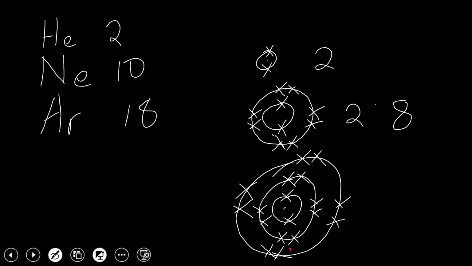Now that these electrons are exchanged, or transferred, what happens to the properties of the ions? Do they become similar to the ones of the noble gases? Yeah, okay, I'm going to explain that.